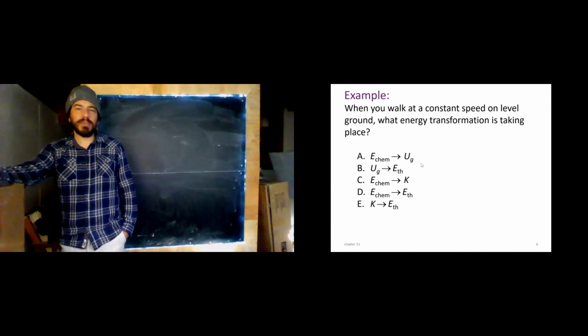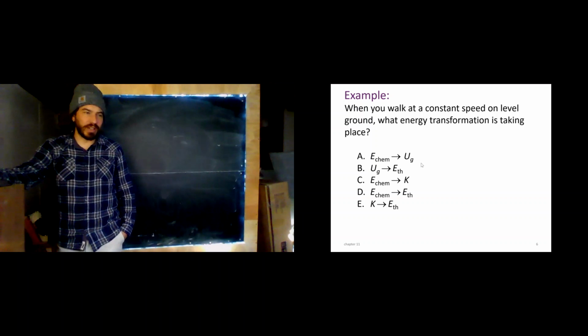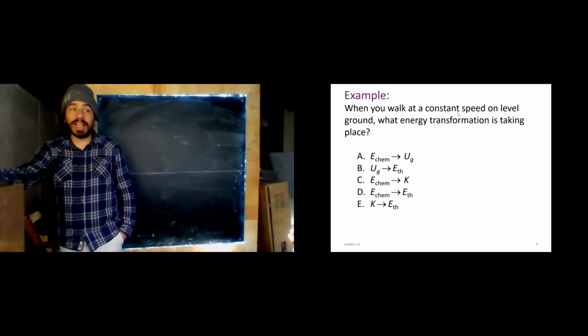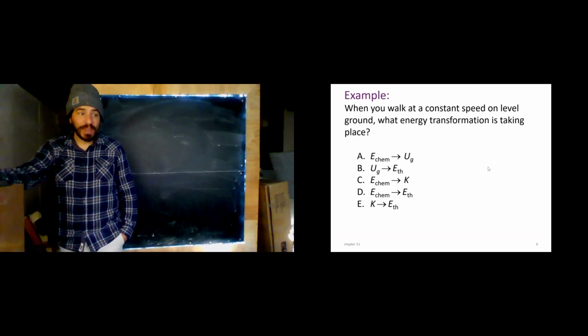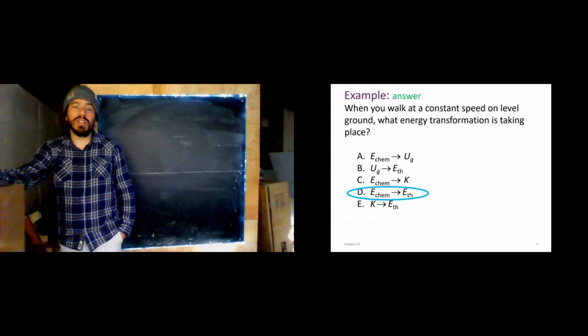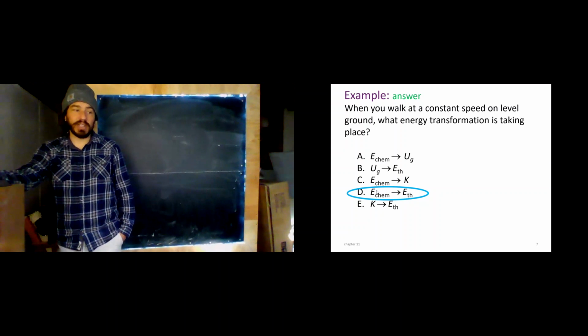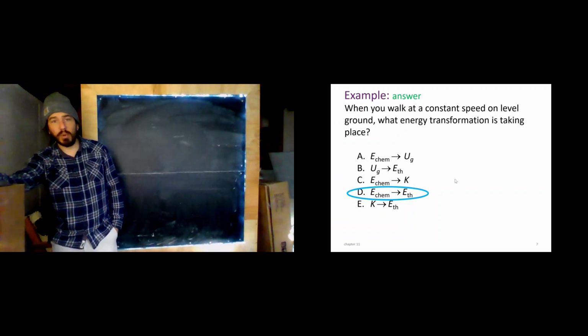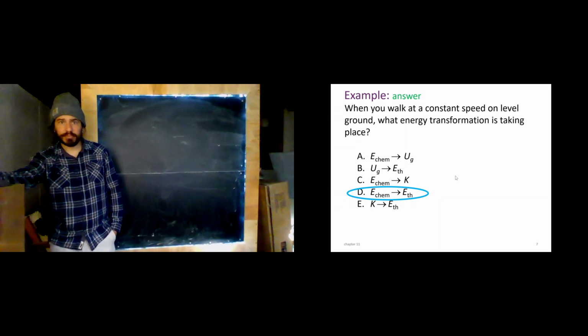Chemical to gravitational. I'm not creating any new gravitational potential energy because I'm walking on level ground. I'm not creating any new kinetic energy because I'm walking at a constant speed. Therefore, the conversion that's happening is chemical to thermal. I'm burning food calories in order to create thermal energy.